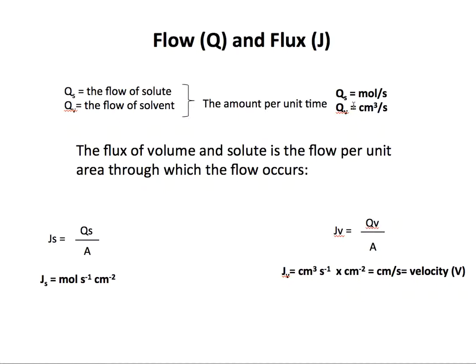It's really important. So you take your Q divided by A, then you get centimeter per second. And that's distance per second, which is equivalent to velocity. So now we're going to start using JV, which is flow of solvent, as just V, and that's velocity.